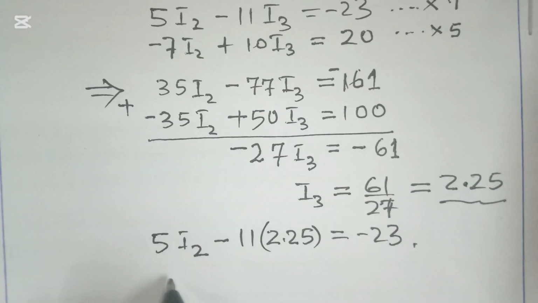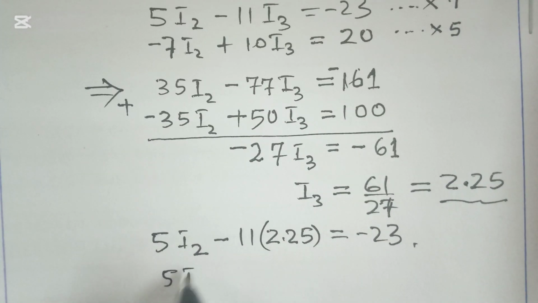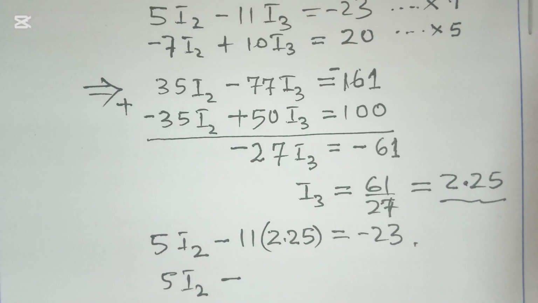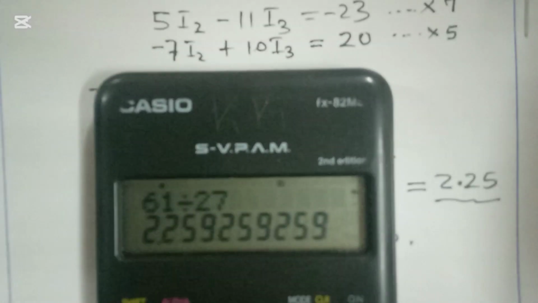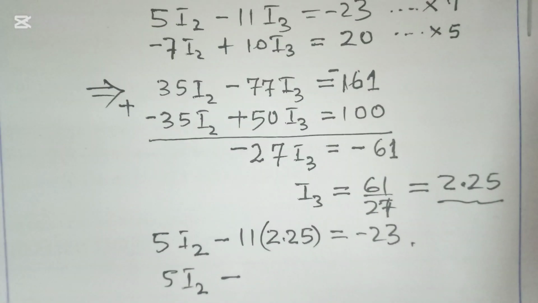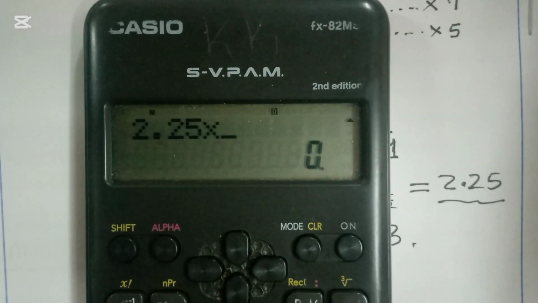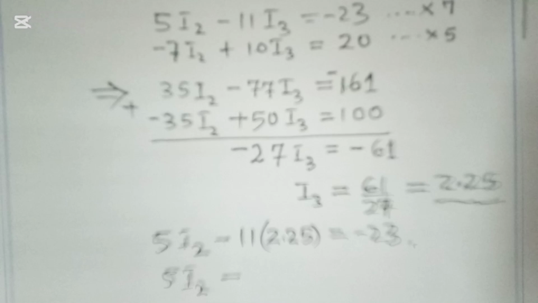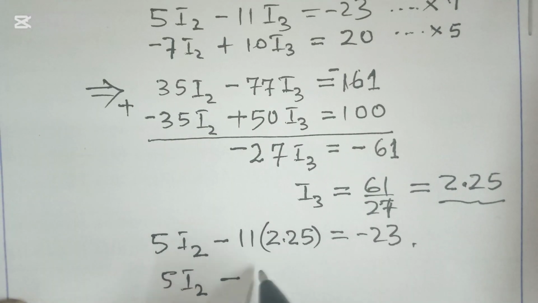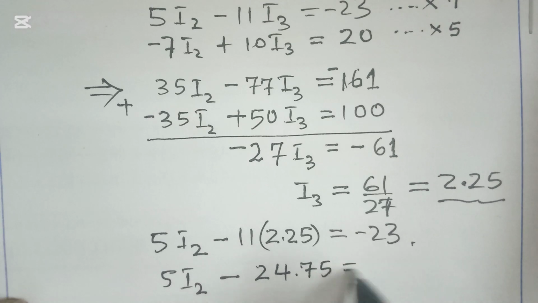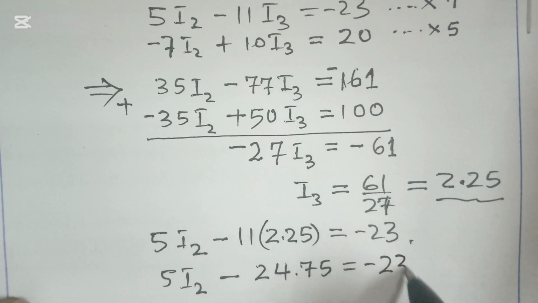So guys, this is going to be 5I2 minus 2.25 multiplied by 11. This gives us 24.75. So this is 24.75 equals to negative 23.